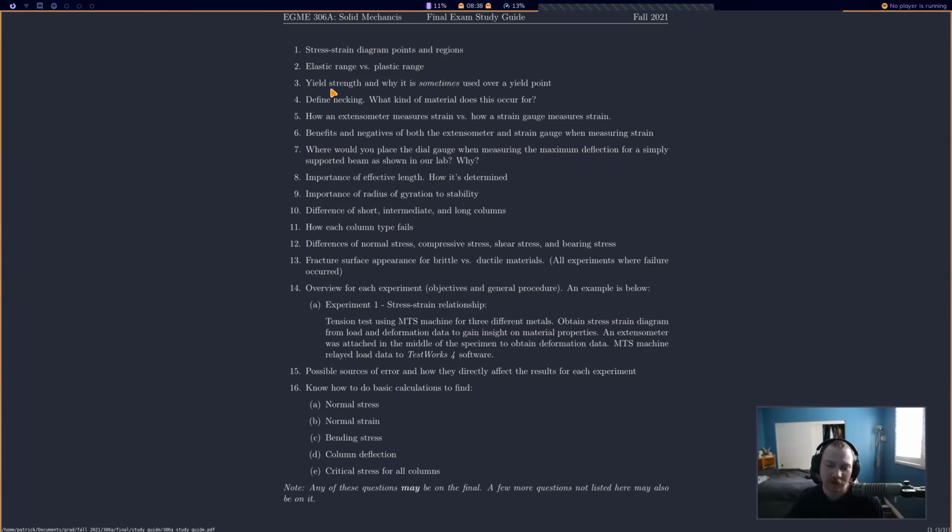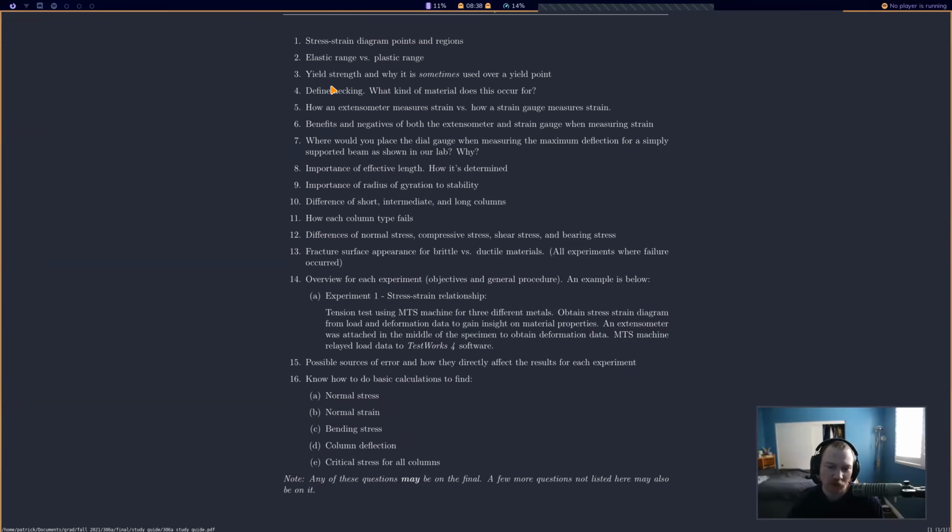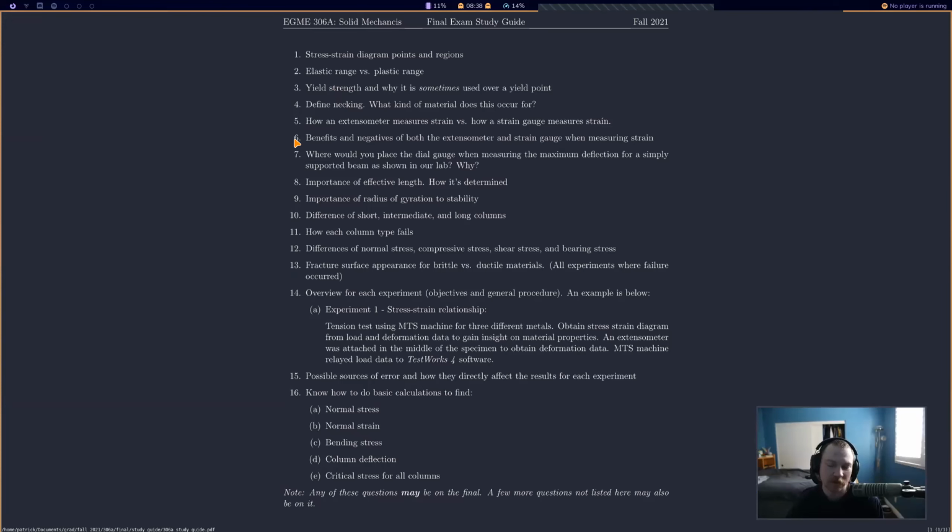But definitely, a fair amount of these will be on the final. I haven't made it yet, but again, I'm trying to make the final a reasonable amount of time, maybe like an hour or something to fill out. So again, make sure to take a look at the study guide and fill it out, and if you do that, you're definitely going to do well on the final.